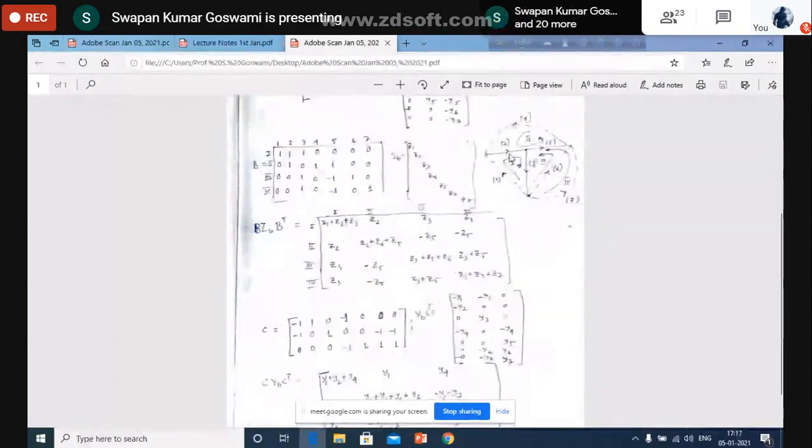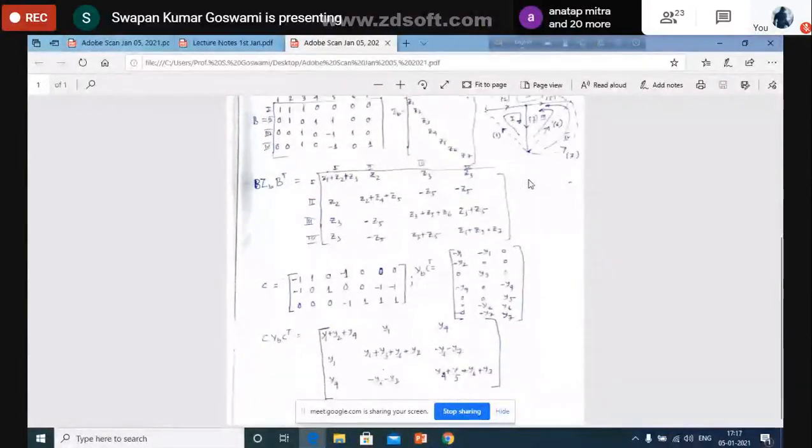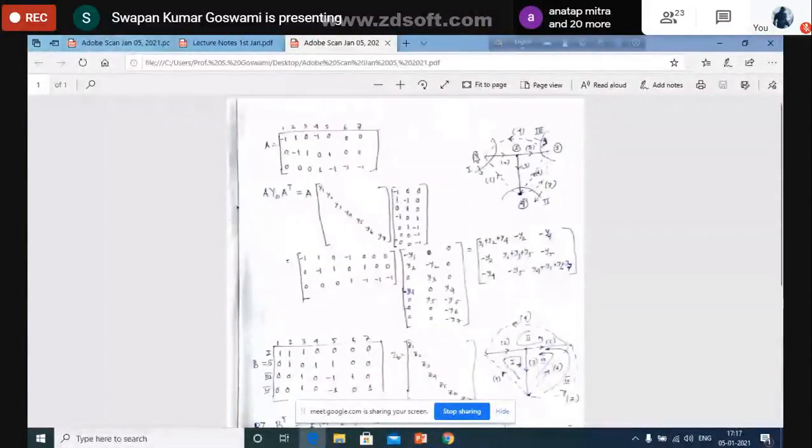Then loop impedance, loops are formed like this. Now let us see what the different matrices are and what we get if we multiply A YB A transpose, B ZB B transpose, C YB C transpose.